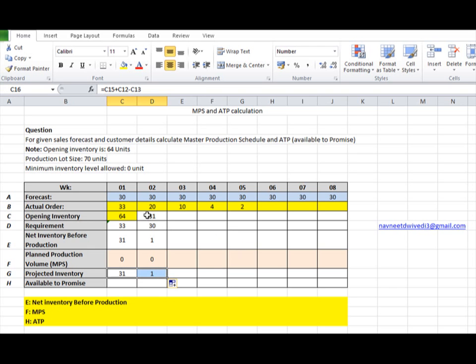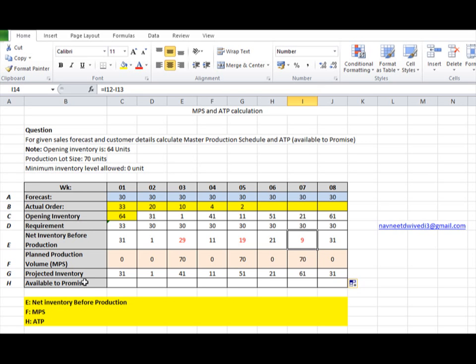So now I will just copy down these formulas for the next few weeks. We can see that here it's negative, our inventory level is getting below 0, that is, we are short of the requirement, so there will be production. Again over there we are in shortage of inventory, there will be production, and so on.